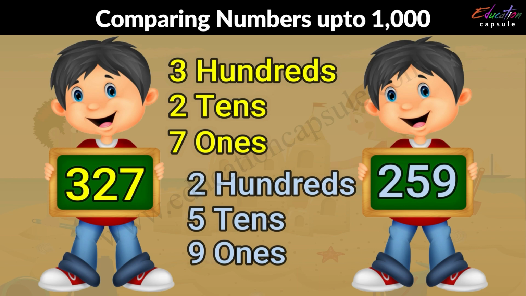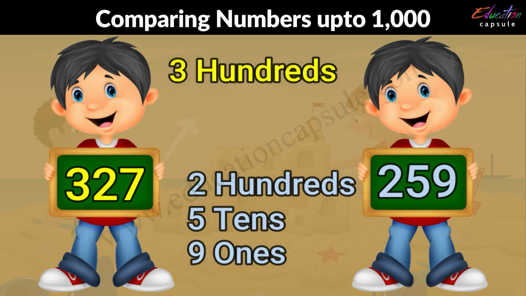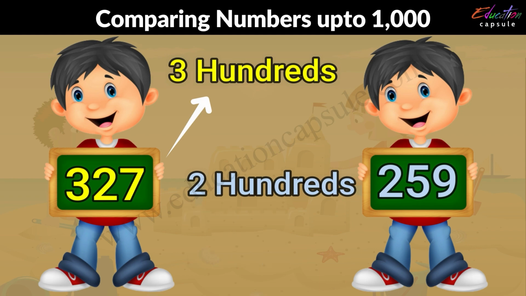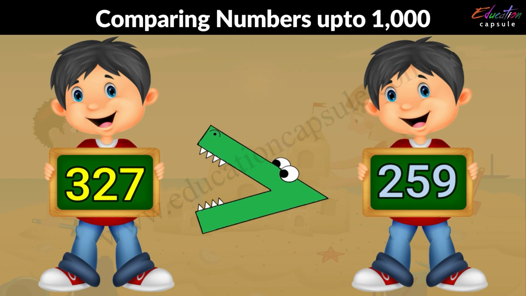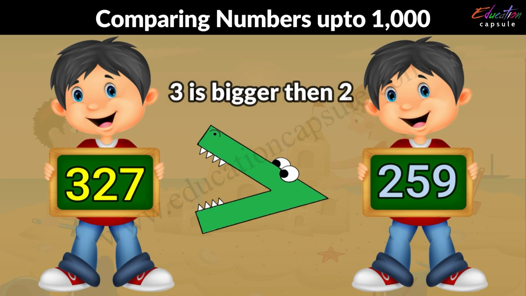We will start the comparing from the highest value column, that is from the left hand side. So 327 has 3 hundreds and 259 has 2 hundreds. So 327 is bigger than 259 because 3 is bigger than 2.